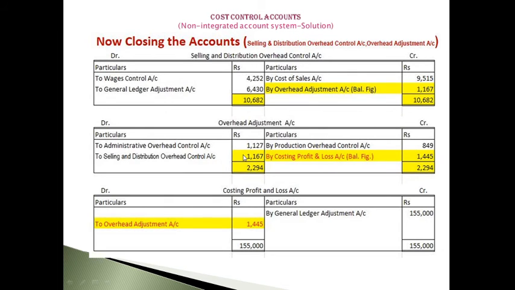Now we have to close the overhead adjustment account. The debit side is more, 2,294, and it is to be put in the credit side, and there is a balance of 1,445. It is to be transferred to the costing profit and loss account, to overhead adjustment account.